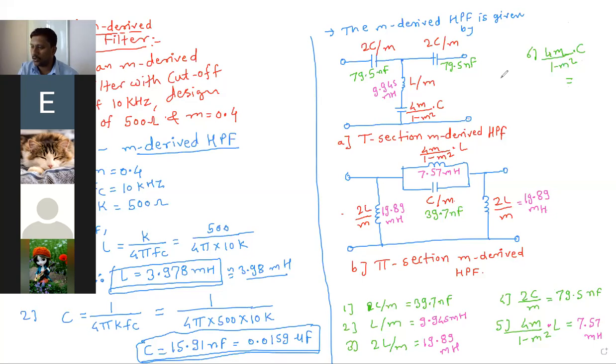No, once again check. I am getting 30.2 something, 30.2 nanofarad.